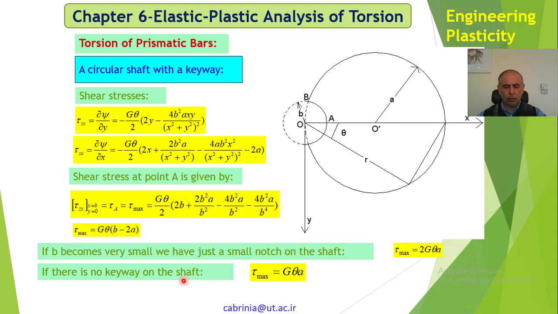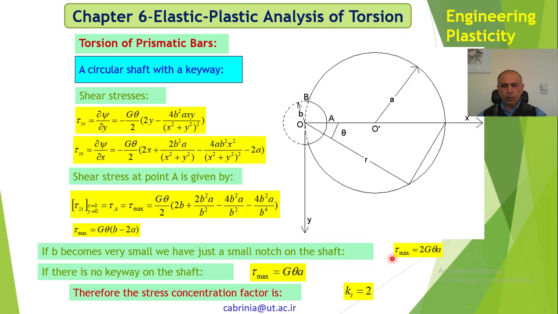Therefore, we could conclude that the stress concentration factor is 2 for a circular shaft that has a notch on it. But if we have a keyway, then the stress concentration would be b minus 2a divided by a.